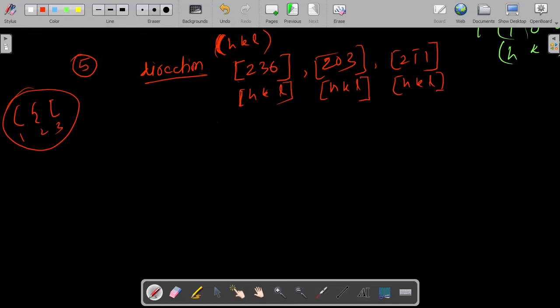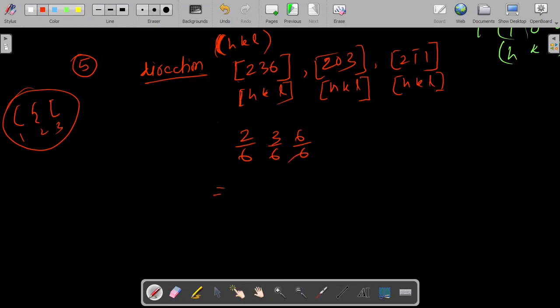What you have to do is, in this case, to find out the direction, first take the maximum one out of this. So in this case it's 6. So 2 by 6, 3 by 6, 6 by 6.